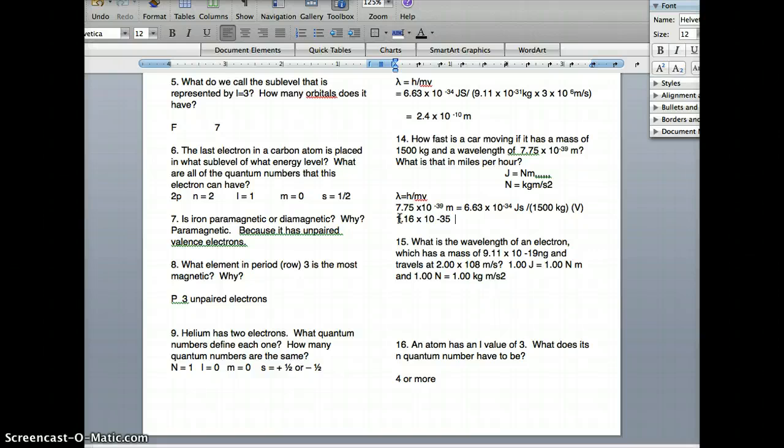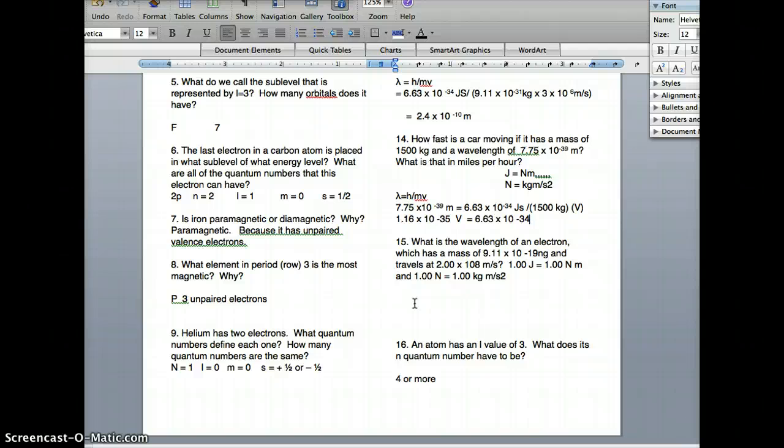So 1.16 times 10 to the negative 35th is equal to, multiplied by velocity, 6.63 times 10 to the negative 34th. So if I use those numbers now to solve for velocity, what would I need to do? Divide both sides by 1.16 times 10 to the negative 35th.